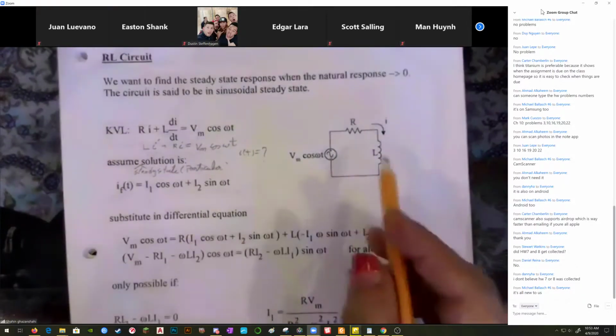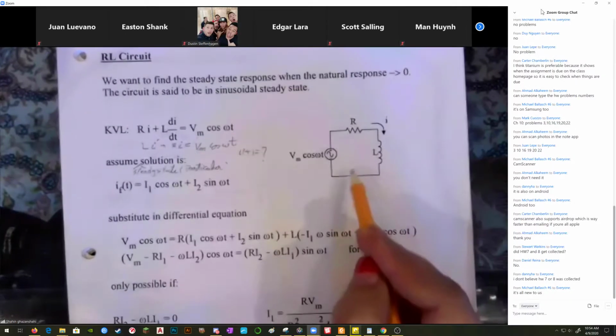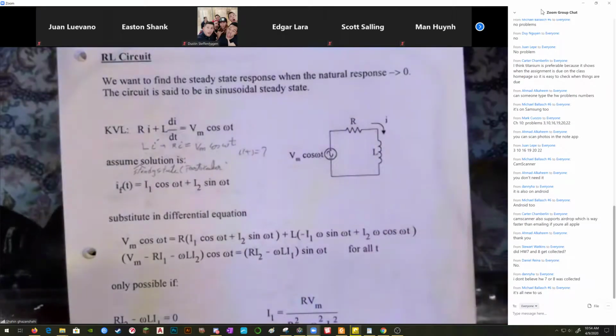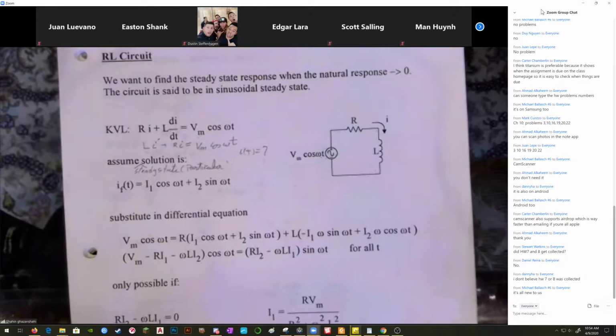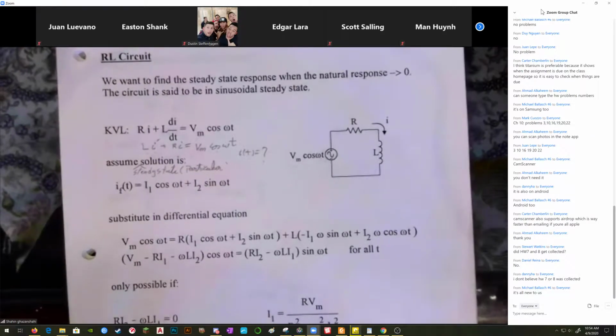Now, imagine instead of one loop, you have several loops, and you have capacitors and inductors. Then how hard is the analysis going to be in the time domain? You're going to have so many equations in the form of integro-differential equations, and we need to solve them, which is almost impossible.